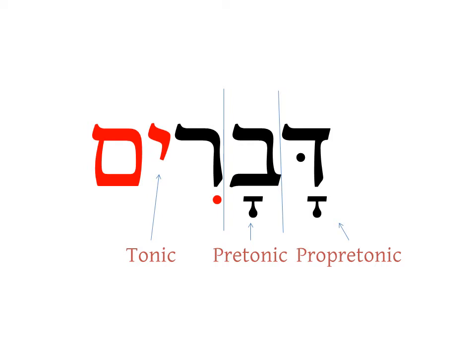The pretonic is va, and the propretonic, for the moment, is da. Well, we notice that in that propretonic syllable, in the syllable 2 before the accent, there's a kamatz. Now, our rule has said that if you have a kamatz in a propretonic syllable, it's going to become shava.